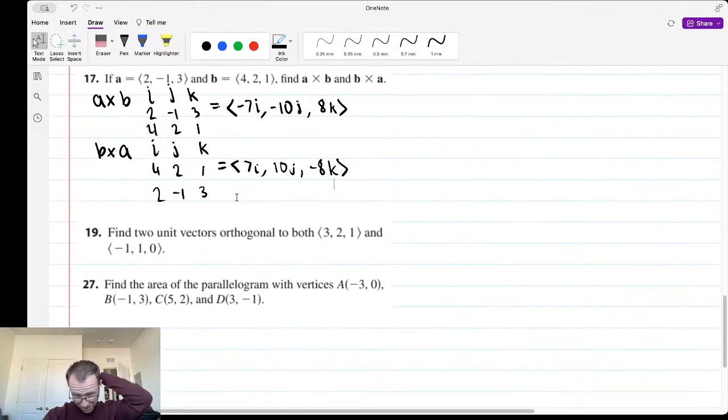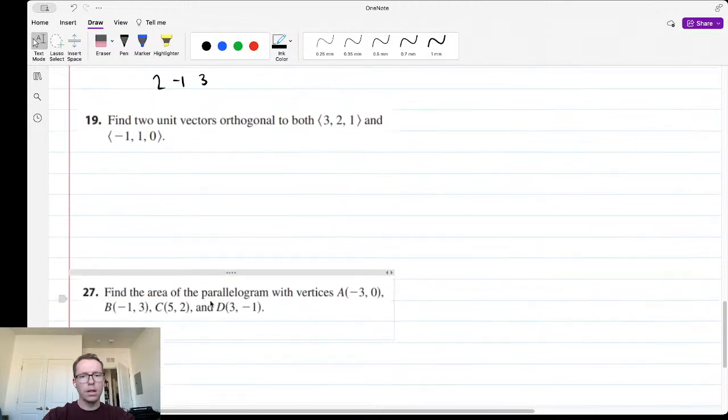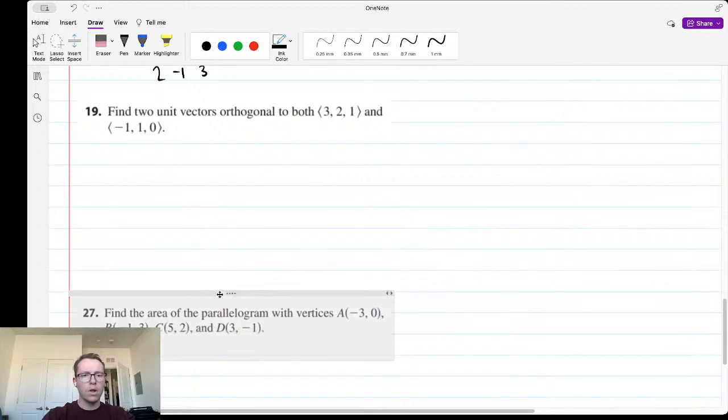19. Oh, my neck's starting to hurt. Find two unit vectors orthogonal to both 3, 2, 1 and negative 1, 1, 0. Okay.